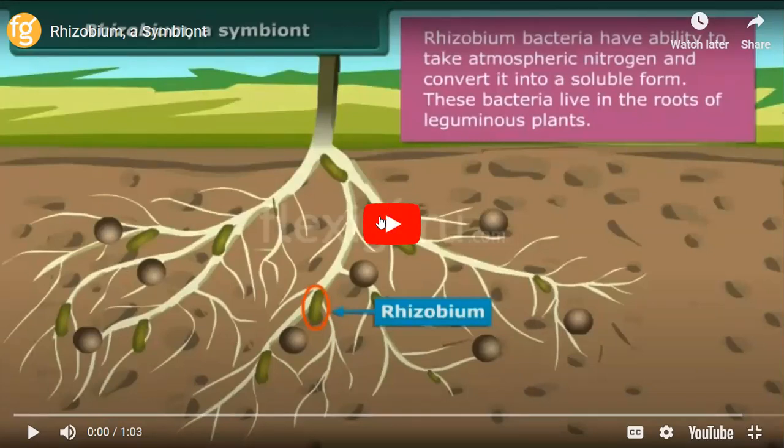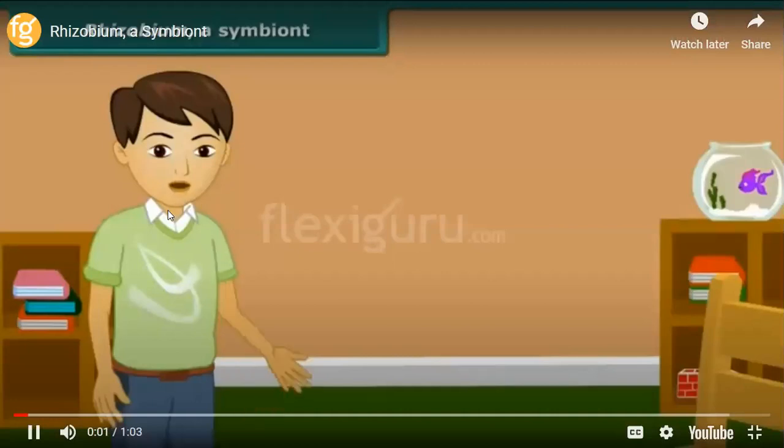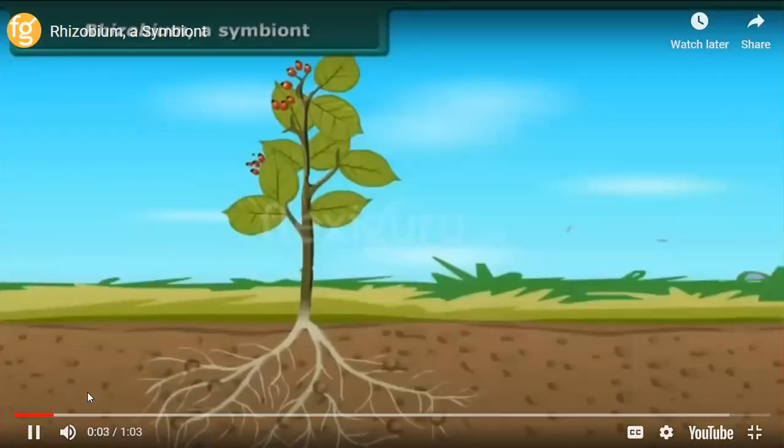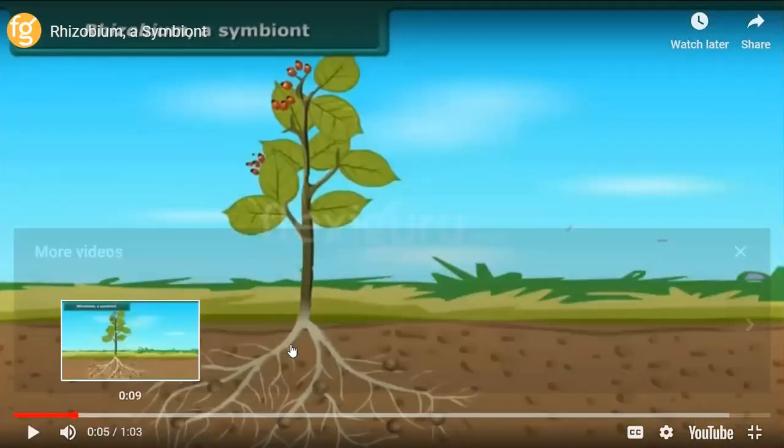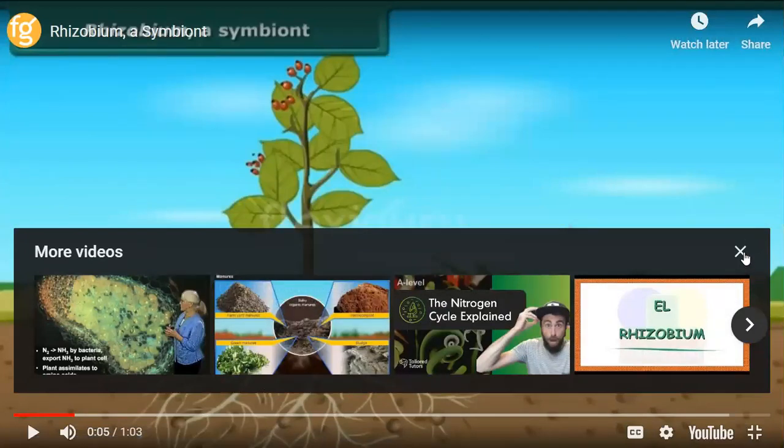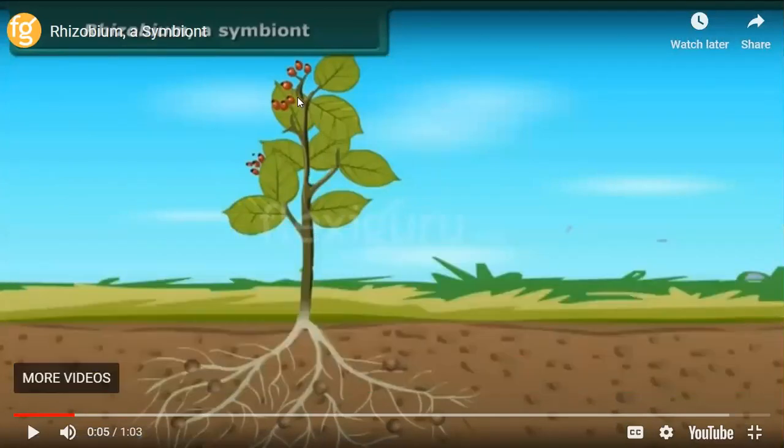Friends, like us, plants also require a lot of nitrogen to make proteins. Plants require lots and lots of nitrogen to biosynthesize nitrogenous molecules like nucleic acids within themselves. They synthesize nucleic acids by fixing atmospheric nitrogen.